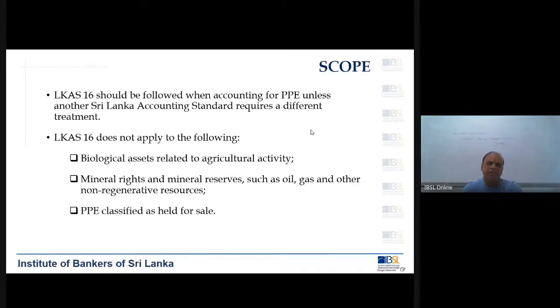And thirdly, PPE classified as held for sale. What does this mean? I can give you an example. Let's consider the Damro furnitures. What is their business?